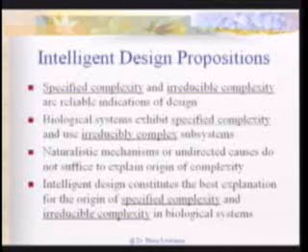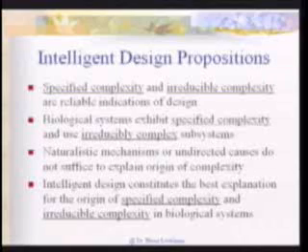Intelligent design, those two concepts, specified complexity and irreducible complexity, are reliable indications of design. And I'll explain what we mean by that in a bit. Biological systems, that's living organisms, such as you and I and animals and plants, exhibit specified complexity and use irreducibly complex subsystems.